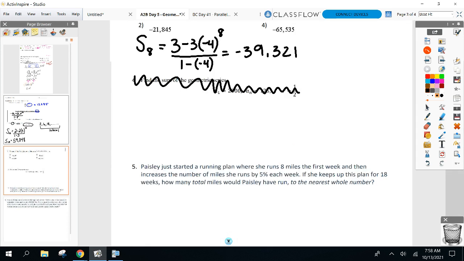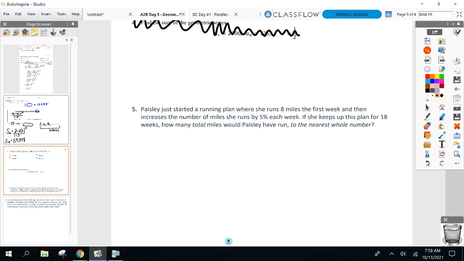Good old Paisley here. Oh, another word problem. Okay, we missed this on the quiz, a lot of us. We didn't realize that it was a sum problem.